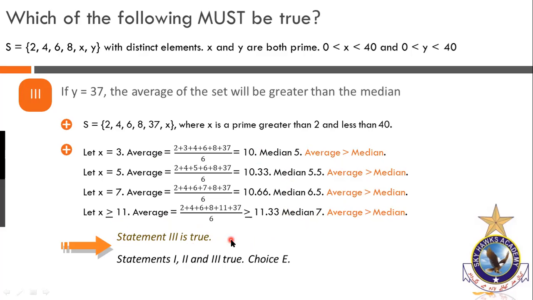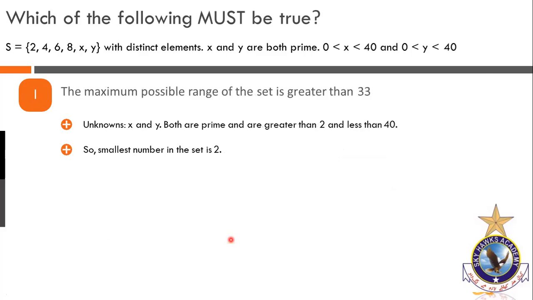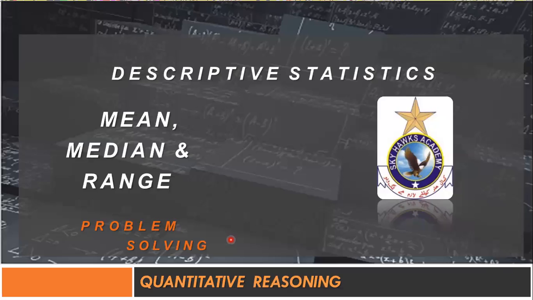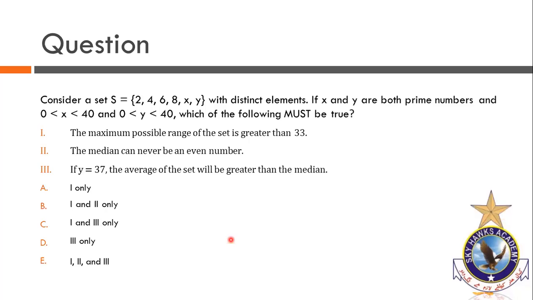So the net conclusion is that statements 1, 2, and 3 are true for the given data with the given conditions. If you go back to where we started, this is the data with the given conditions.